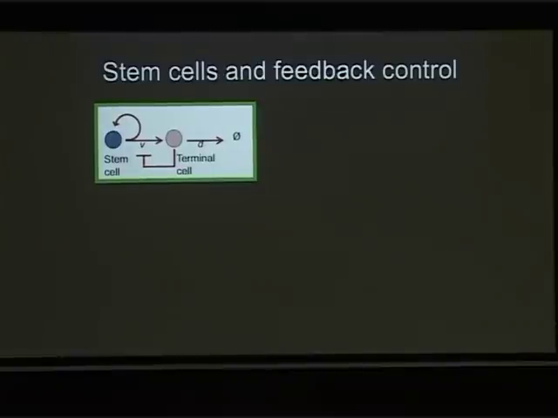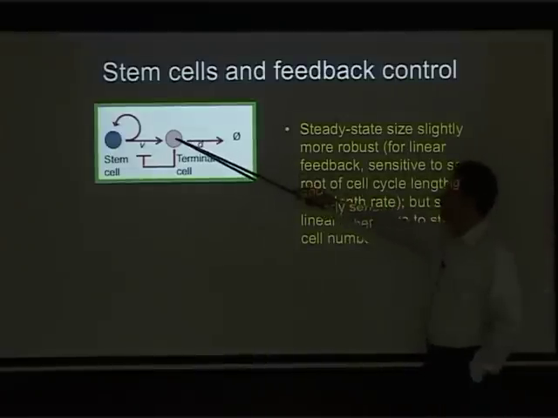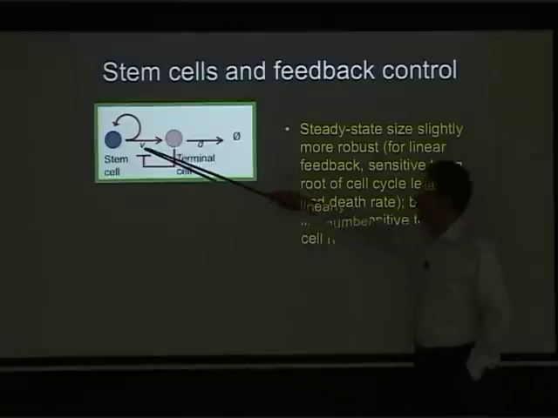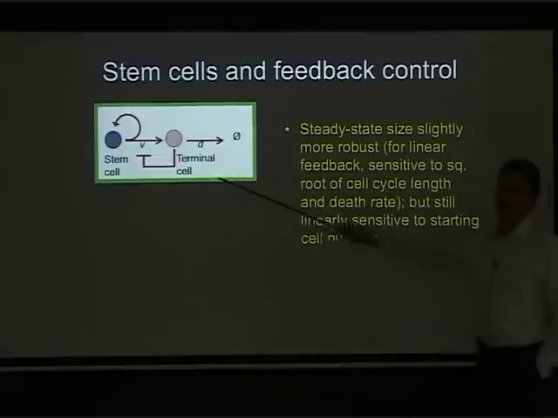So how well does this system perform? Well, it actually helps a little bit in terms of robustness. So you get a steady state, and the number of terminal cells you get, its dependence, say, on initial conditions or on the rate at which things divide, is slightly more robust than if you had no feedback at all.